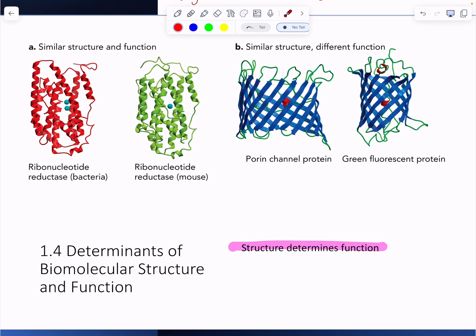So structure determines function, but because we have chemical rules that determine the structures we can make, there is a limit to the number of different types of structures we can form, and it is advantageous for organisms to reuse common themes.